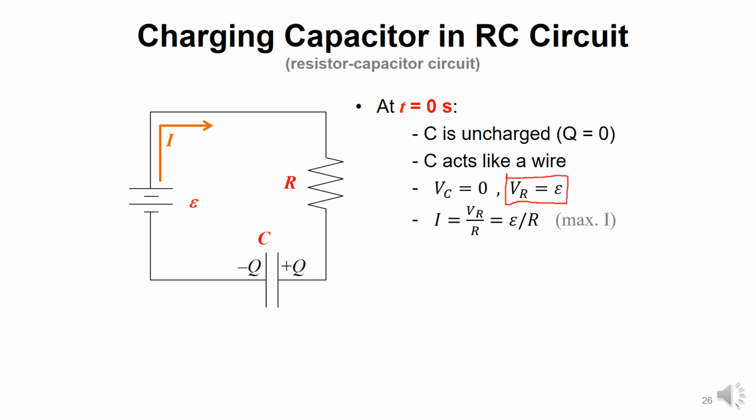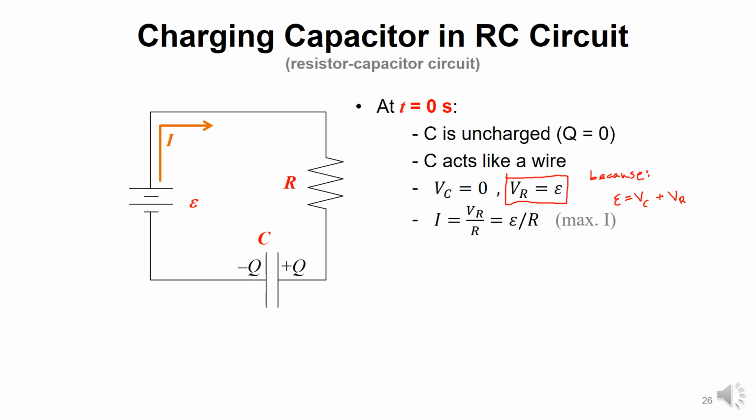And I can also write this, because the battery voltage must equal the resistor voltage and the capacitor voltage. That's known as Kirchhoff's voltage rule, which was covered a few lectures ago.